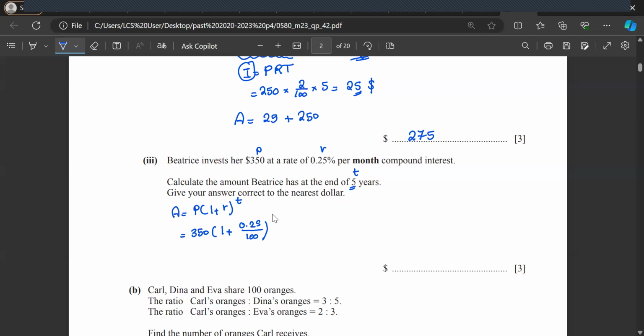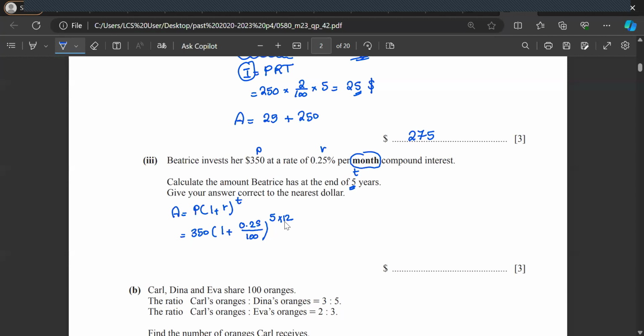Look here. He said the time as usual is 5 years, but we have a problem here: the rate he gave us is per month. So I should multiply this 5 years by 12.